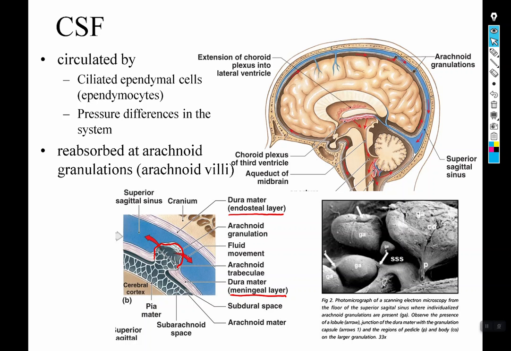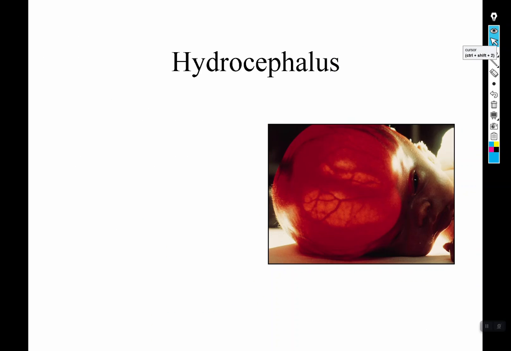And this is an example of one such consequence. So the term hydrocephalus, which is also sometimes called water on the brain. So hydro means water, cephalus means head. So this picture is sad. Yes, it's also medically interesting. So this is a transilluminated neonatal cranium.